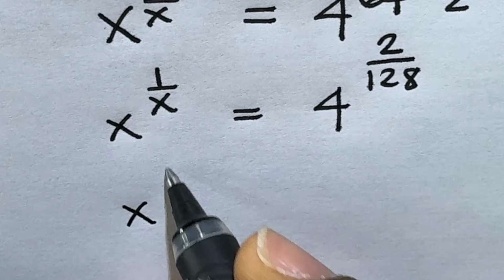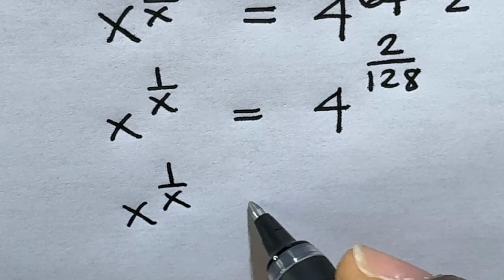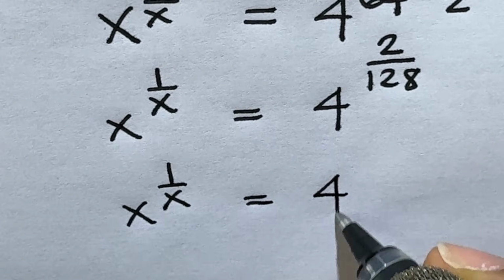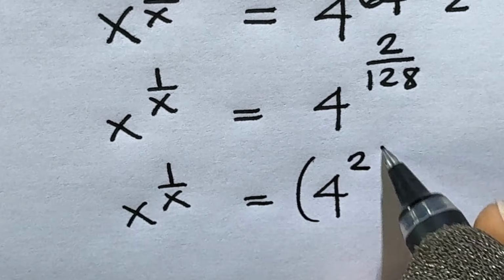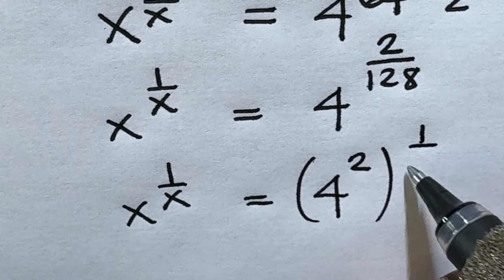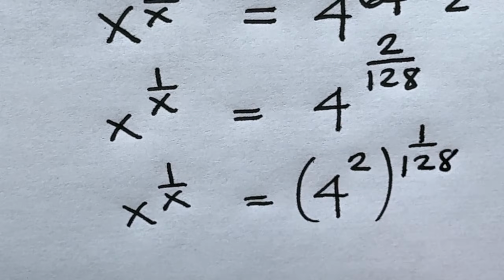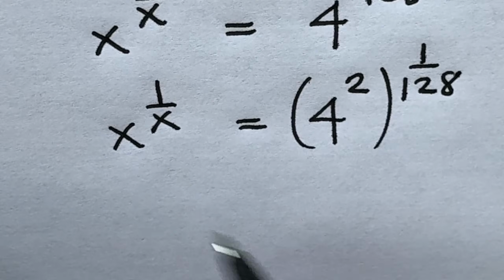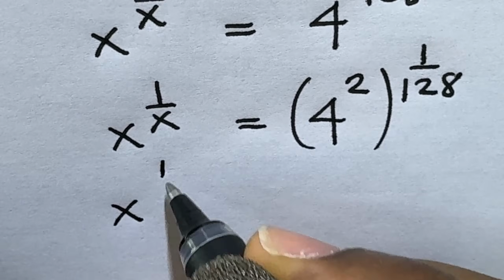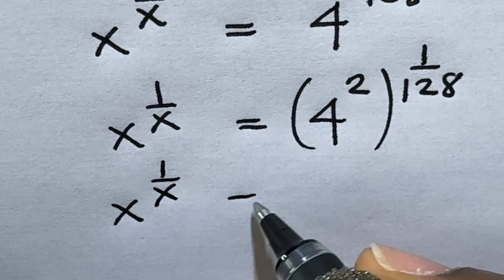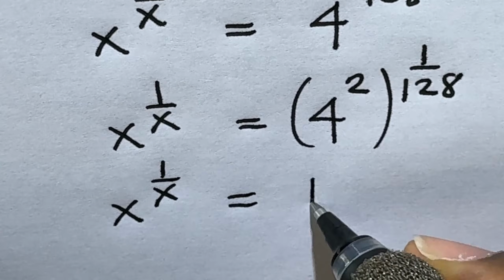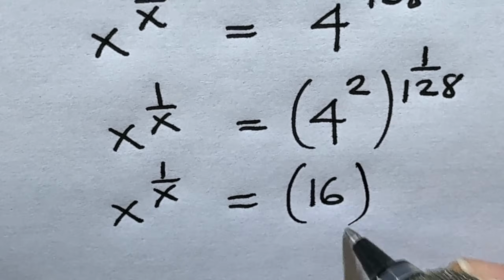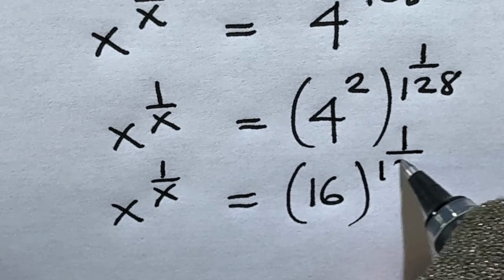So x raised to power 1 over x will be 4 raised to power 2, raised to power 1 over 128. So we have x raised to power 1 over x is equal to 4 raised to power 2 is 16, raised to power 1 over 128.